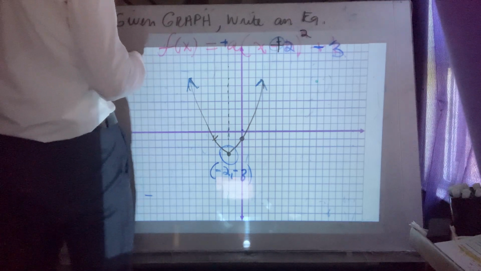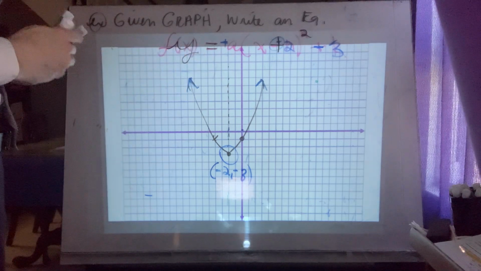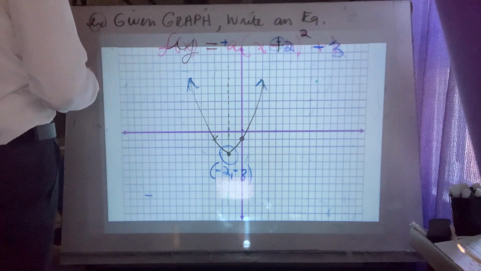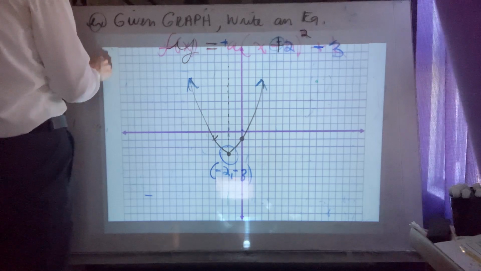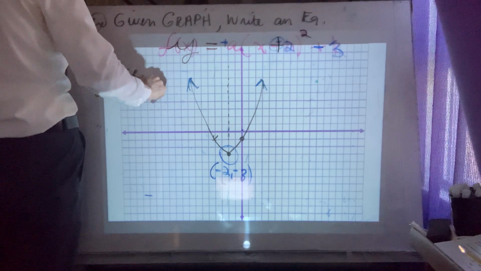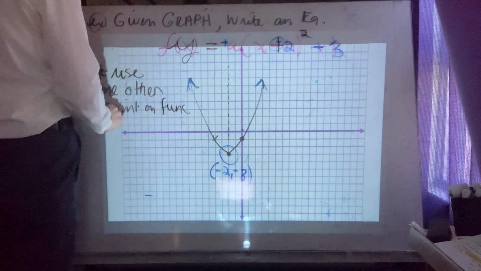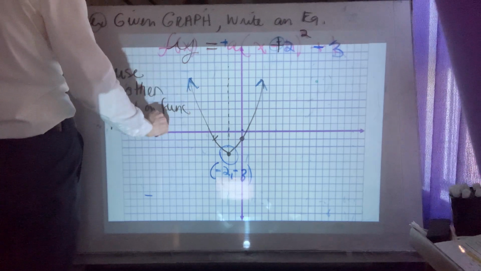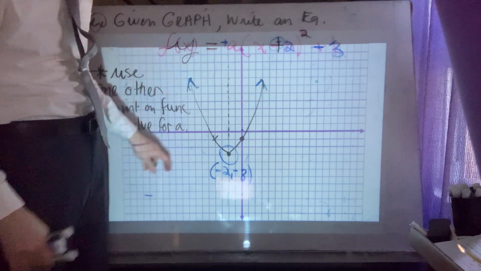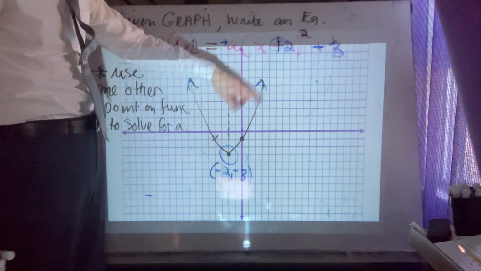Change this to y. And then use some other point, use one other point on the graph, on the function, to solve A. All right, in other words, where else do we know, based upon this being on graph paper, that there's a point that makes up the curve here?